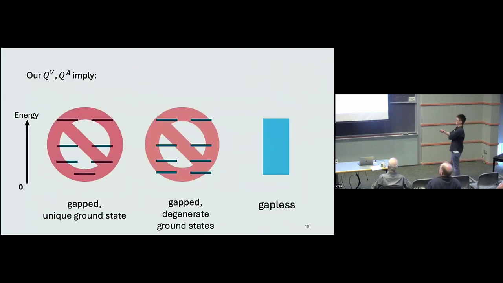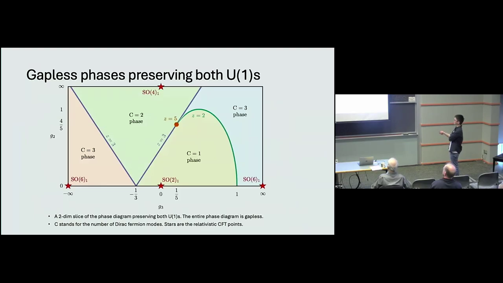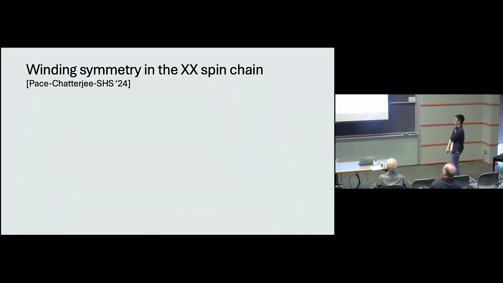So our vector and axial symmetry rule out any gapped scenarios and leave the gapless scenario as the only option. This is a snapshot of a phase diagram. There are infinitely many terms you can add to the Hamiltonian while preserving both the vector and axial symmetry. They are all gapless. We take a 2-dimensional slice, and you get some interesting phase diagram. Okay, I won't have time to talk about this.